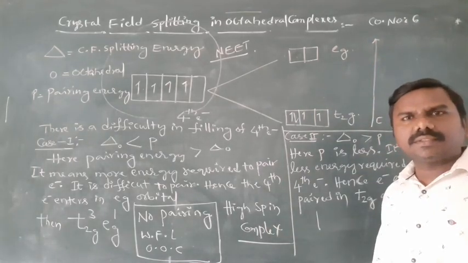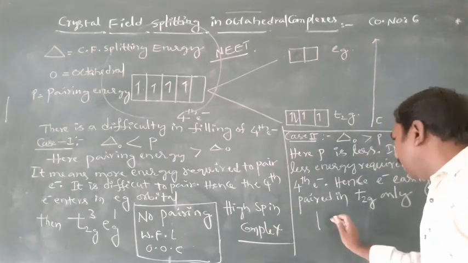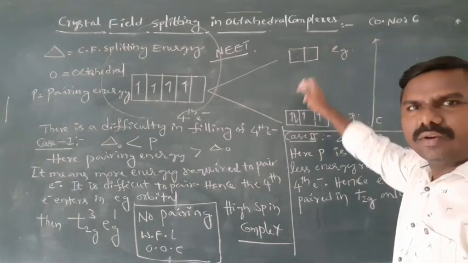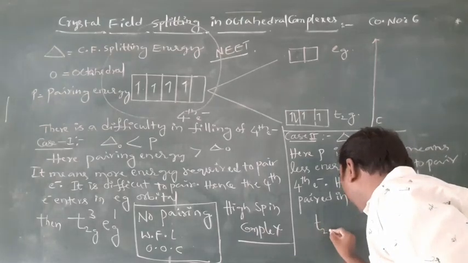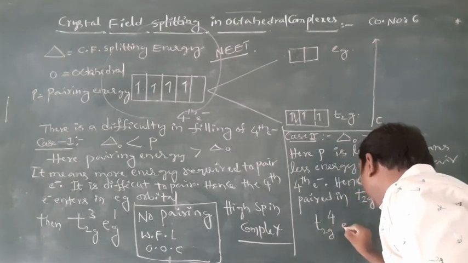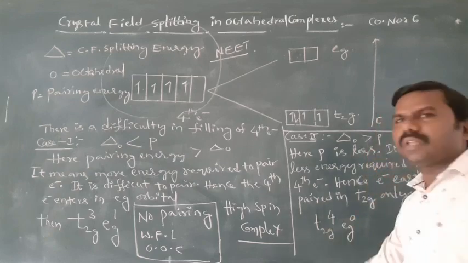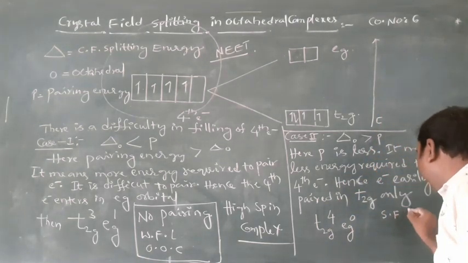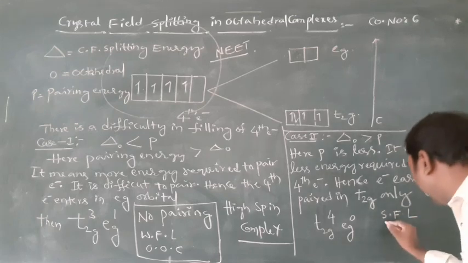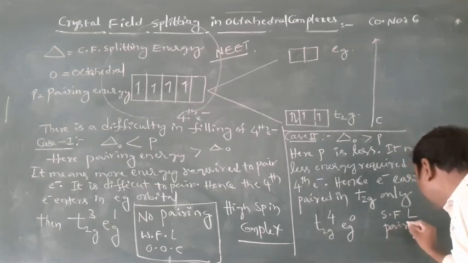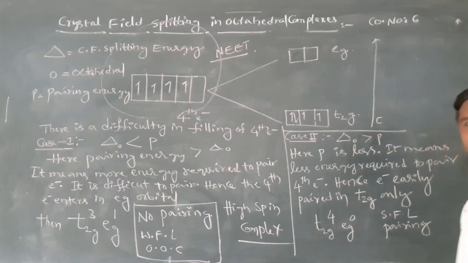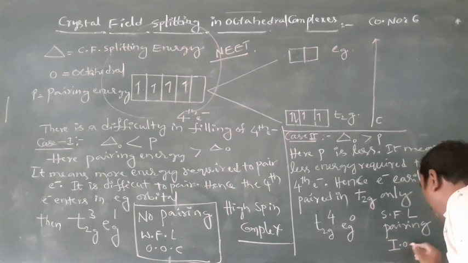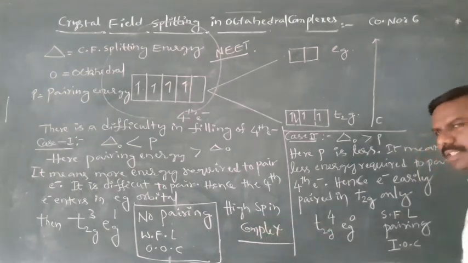Then obviously here t2g4 eg0. t2g4 eg0. Pairing starts. That's why strong field ligand, pairing takes place. Strong field ligand, then inner orbital complex, opposite points.